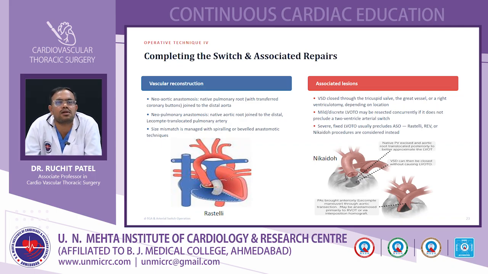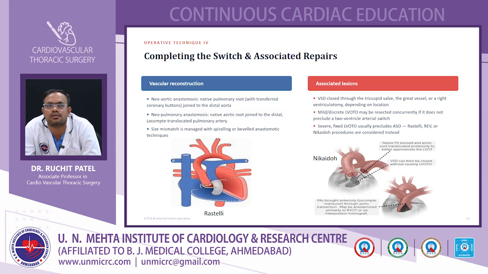Neopulmonary anastomosis is completed with the native aortic root connected to the distal pulmonary artery nearest the bifurcation after doing the Lecompte maneuver. As seen, with any size mismatch, spiraling or beveling may be required, in cases where the VSD and large coronary arteries are there.